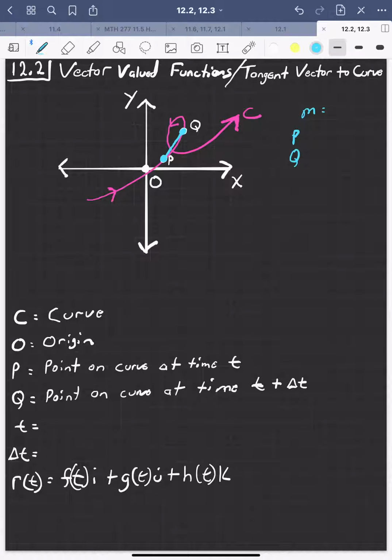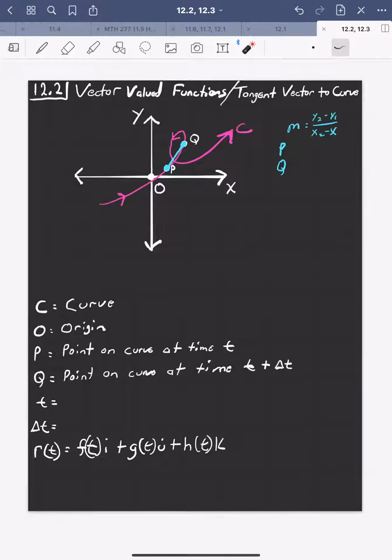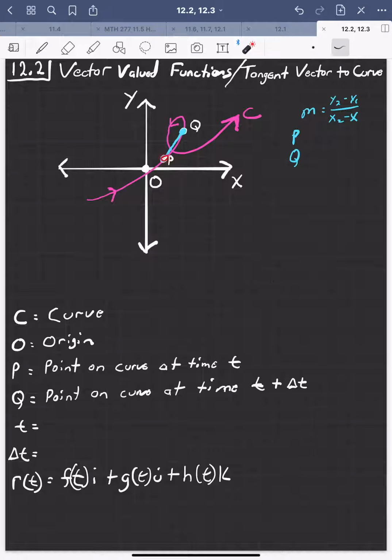The rate of change. Just rise over run. But unfortunately, you asked a more advanced question. You didn't ask what was the rate of change from P to Q, right?